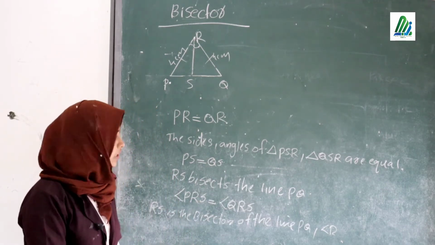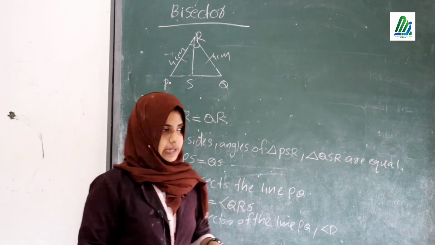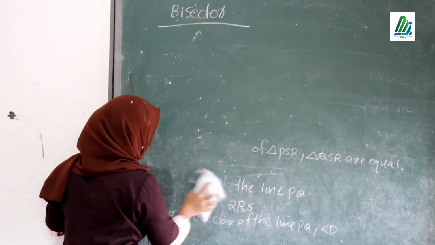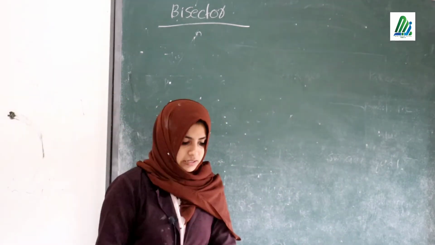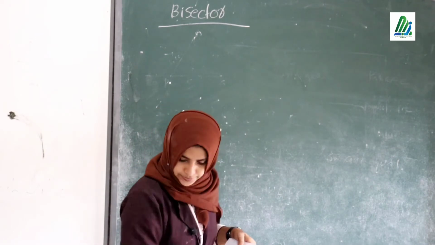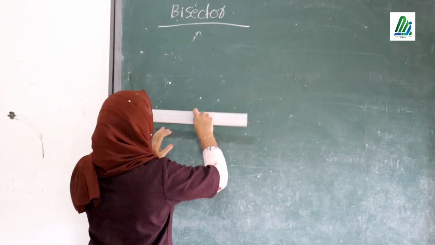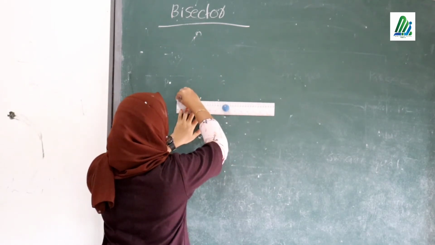And next, how can we draw a perpendicular bisector of the line AB? First, draw the line AB.